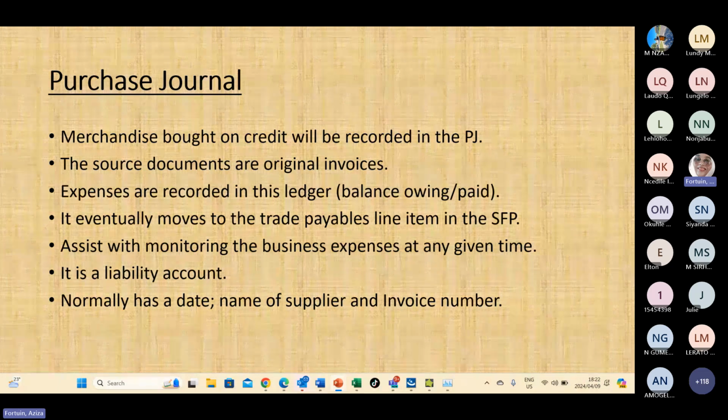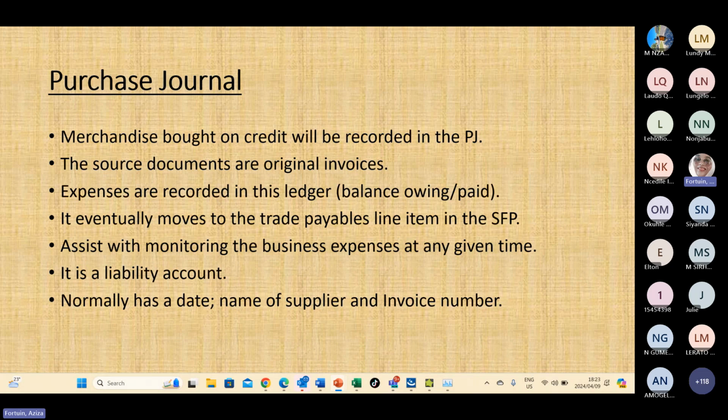Okay, the source documents will be the original invoices, and expenses are recorded in this ledger account, and it will eventually move to the trade payables line item in the statement of financial position. So from the purchases journal, we'll move to your trade payables control account, and then to your ledger, and from your ledger to your statement of financial position.